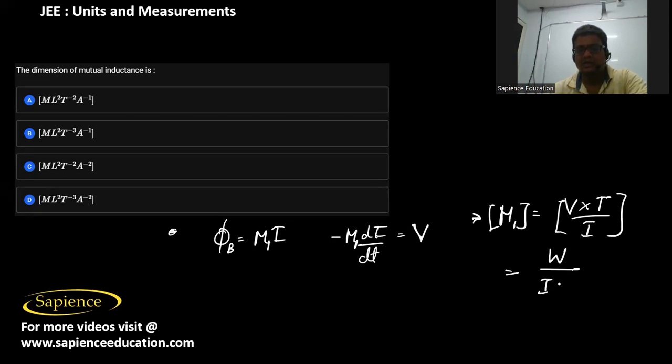Now charge is equal to I into T, so voltage is work done by I into T. Work done is force into displacement, force into length, and the time terms get cancelled. So force into length divided by I square.